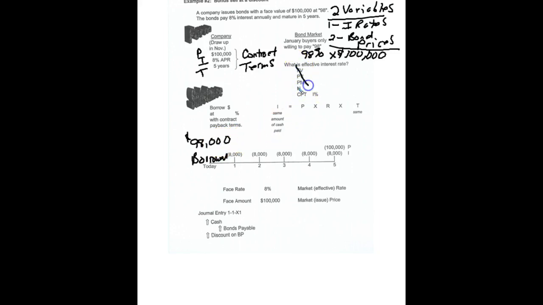Now, we're not going to go through the calculations because your author sort of bypasses that. But if we were to calculate the interest rate, I will just tell you it would be 8.51%. When we sold these bonds, the market rate was 8.51%.